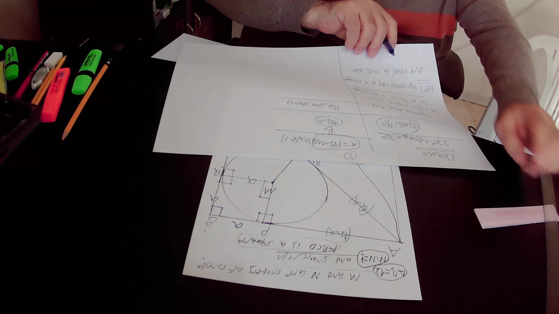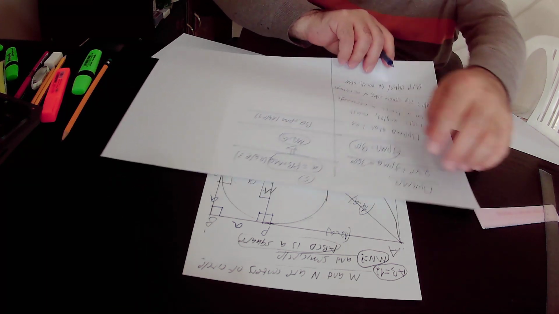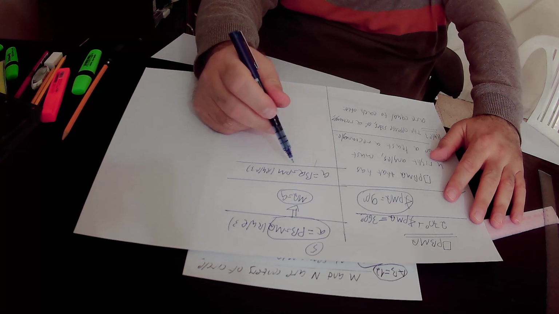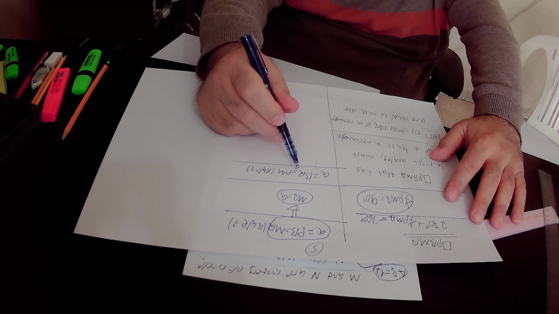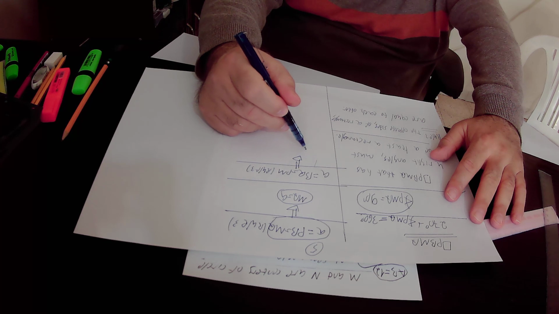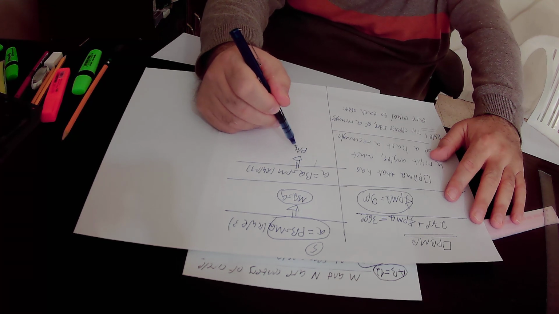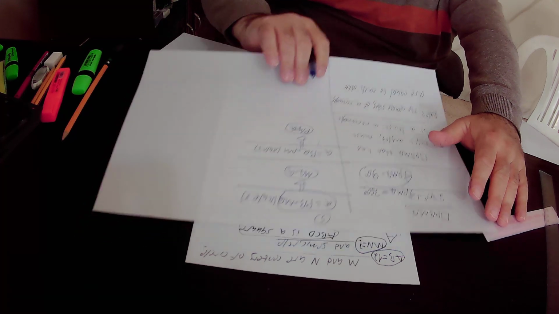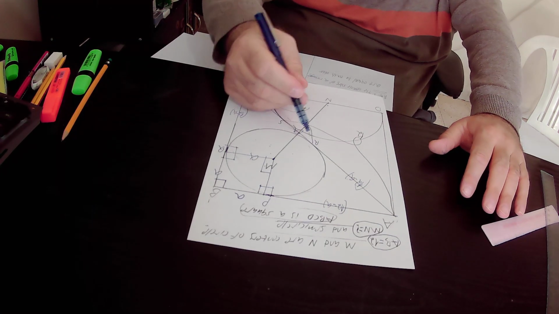But we have already found out that BQ equals A. So from this equation, A equals BQ equals PM, we will derive that PM is also equal to A.